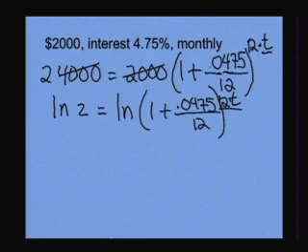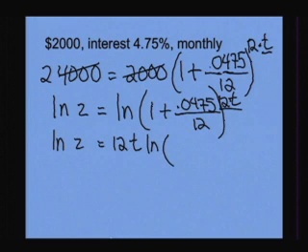And what we'll have is log 2 equals 12t, the natural log of 1 plus 0.0475 over 12.